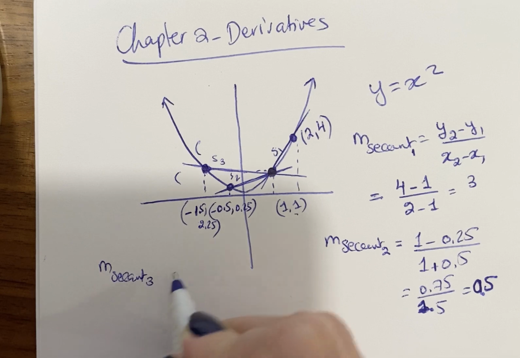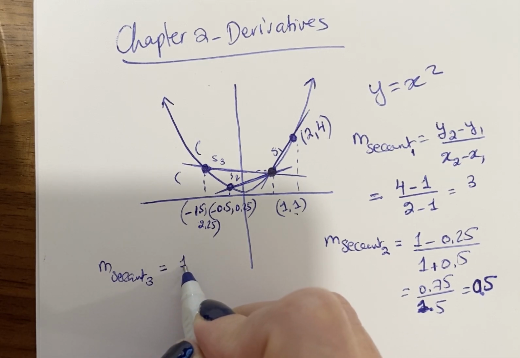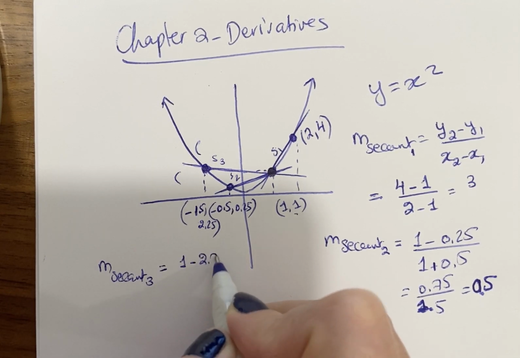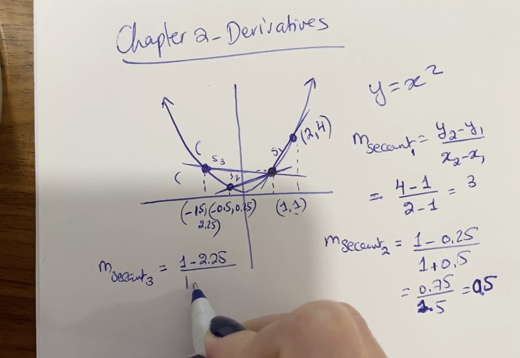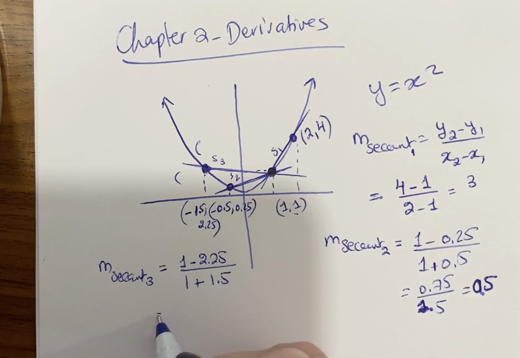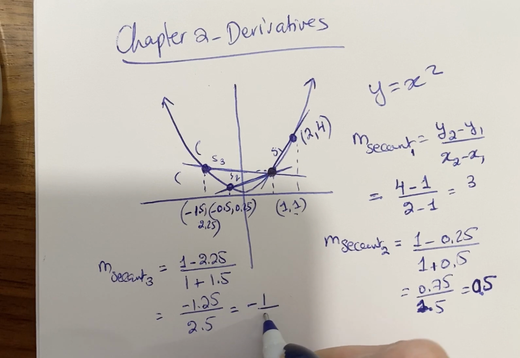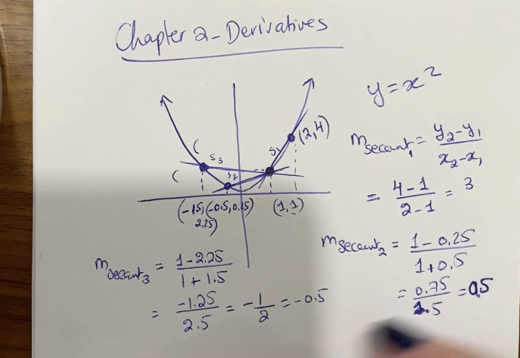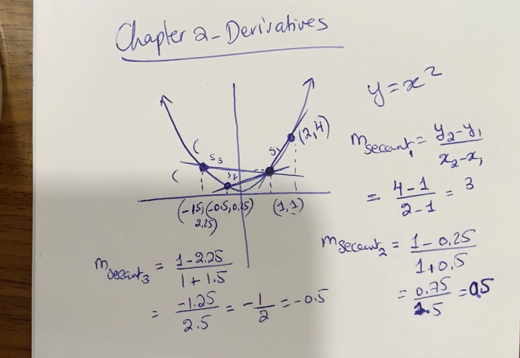No. The slope of secant number 3 will be (1 minus 2.25) over (1 minus (minus 1.5)), which is minus 1.25 over 2.5, which is equal to minus half. Do you see how the slopes varied in a different fashion? This is only 3 secants.